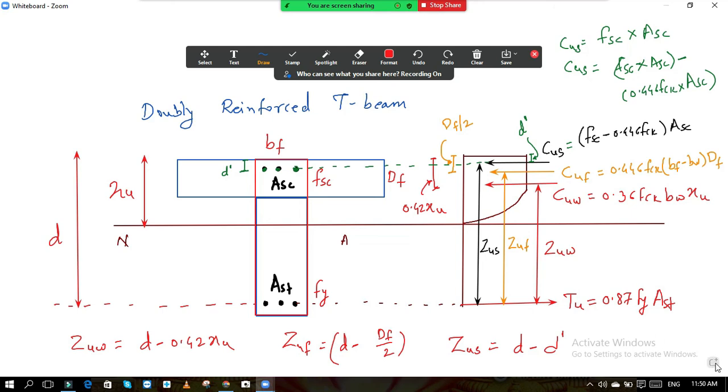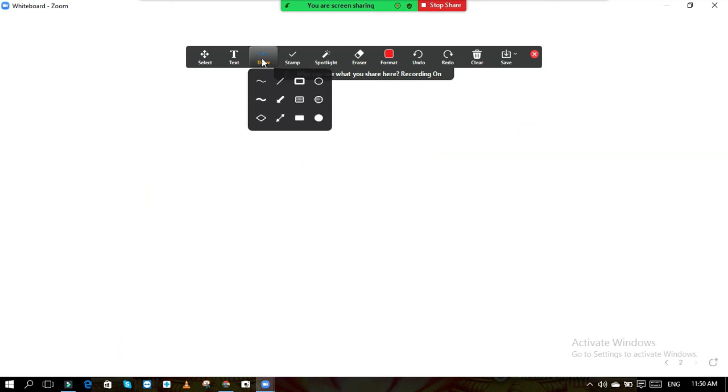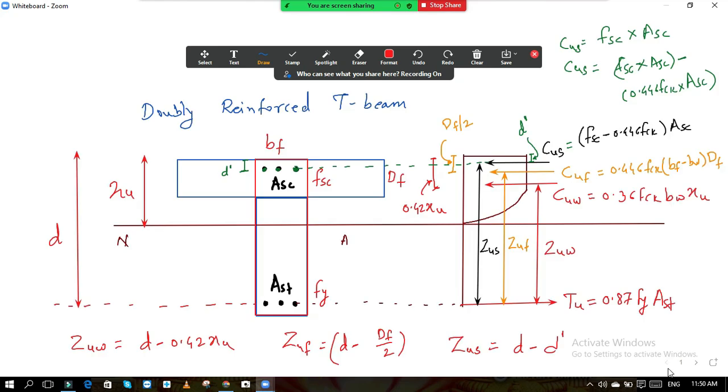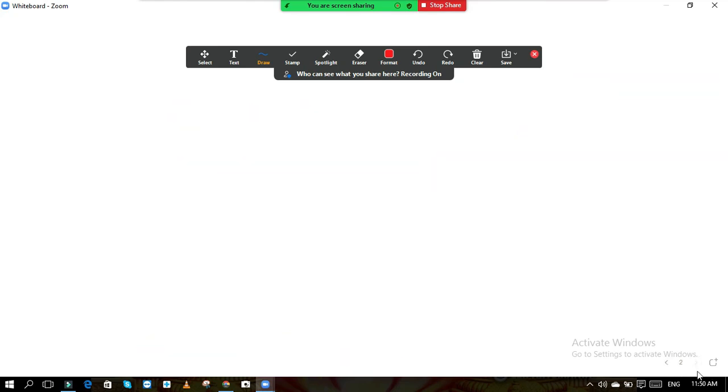I have somewhat less time, as I have to go for a meeting. If you equate total compressive force to total tensile force, it becomes CUW plus CUF plus CUS, equal to total tensile force.